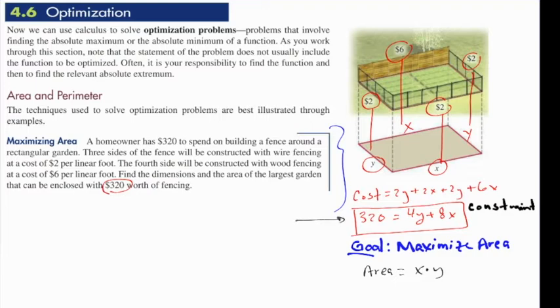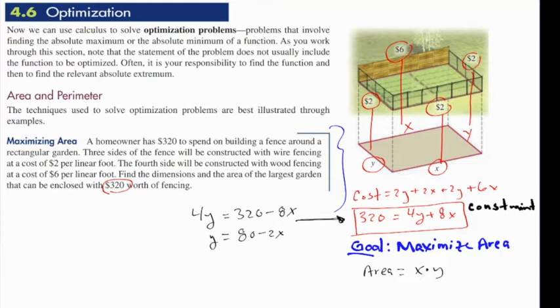And if we can solve our cost equation for one variable, we can substitute it into the area equation. So this equation here, the 320 equal to 4y plus 8x, I can rewrite that as 4y equals 320 minus 8x, then divide both sides by 4, and we get y equals 80 minus 2x.